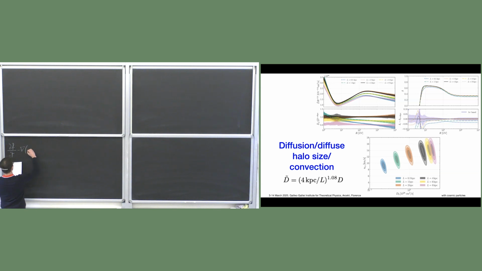Then you have the diffusion coefficient. Then you have convection that depends on the velocity of convection. Then you have energy losses that in principle are changing with space. And then you have the reacceleration. And finally, a source term.